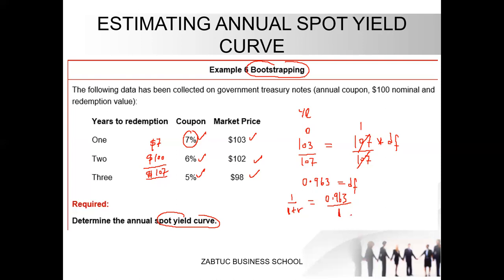So I want you to invert this. This goes there, and this goes down here. So 1 plus R equals 1 divided by 0.963. Please somebody simplify that for me. 1 divided by that, what do you get?